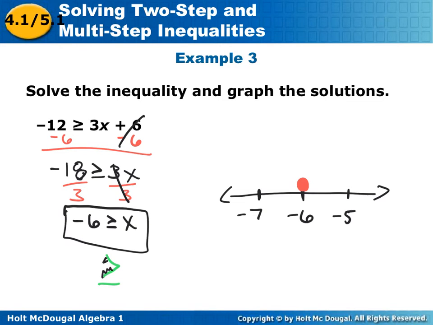Yeah, it's going that way. So it does mean that the -6 is bigger. Well, that means your answers, because x is on the other side, has to be everything smaller than or equal to negative 6. Well, how do you show smaller on the number line, on the graph? To the left. So it would be everything in this direction.